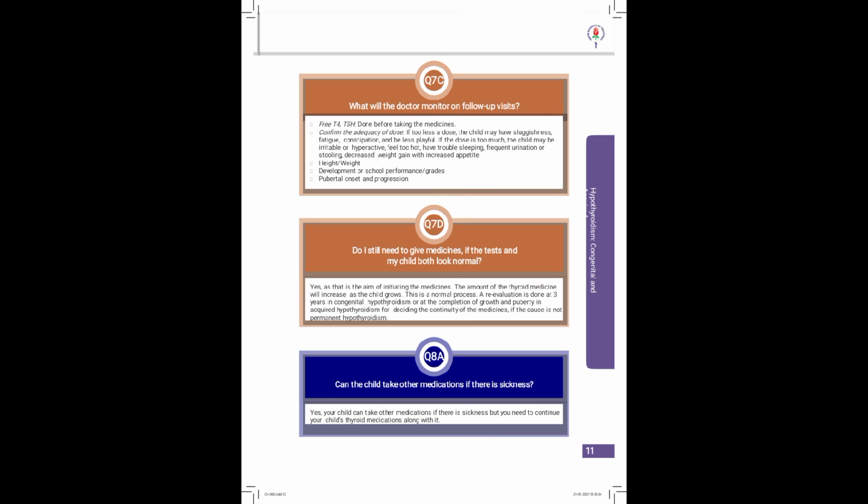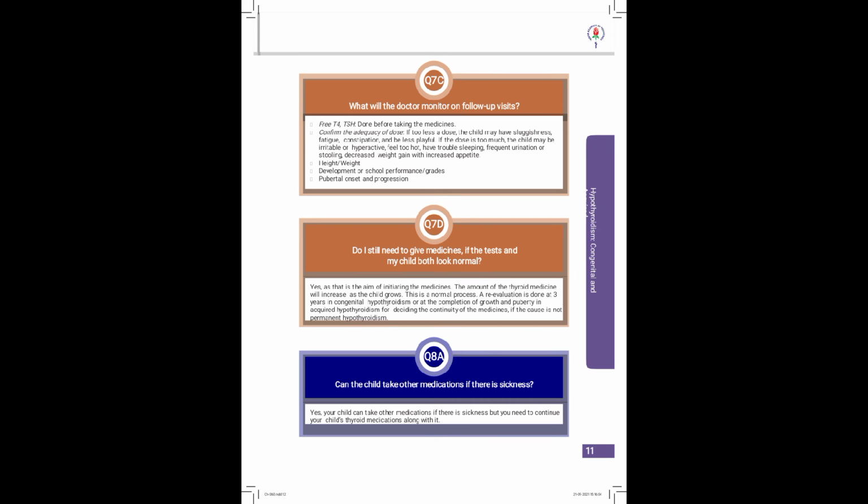Then, do we need to still give medicine if the tests and my child both look normal? Yes, the aim of our treatment is achieved, but the aims are achieved with medication. The amount of thyroid medicine will increase as the child grows; this is a normal process.